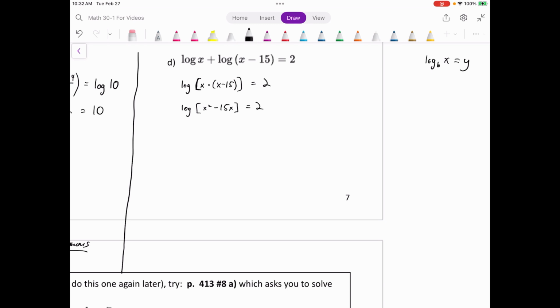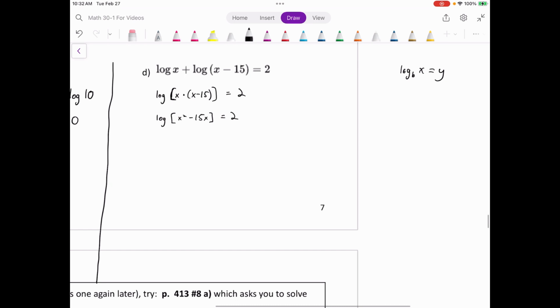And here we go. We can now convert to exponential form because this is just saying 10 to the power of 2 equals x squared minus 15x. So 10 squared equals x squared minus 15x, or 100 equals x squared minus 15x.